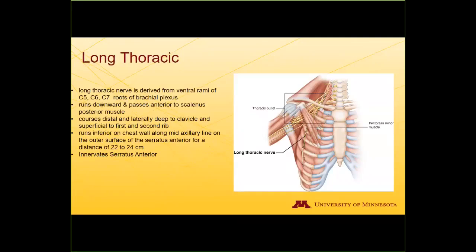It comes off of the C5, C6, and C7 nerve roots. Just like the brachial plexus, it travels through the scalenes, travels underneath the collarbone and underneath pec minor, and comes down here and innervates the serratus anterior muscle. That's what the long thoracic nerve innervates. Okay.